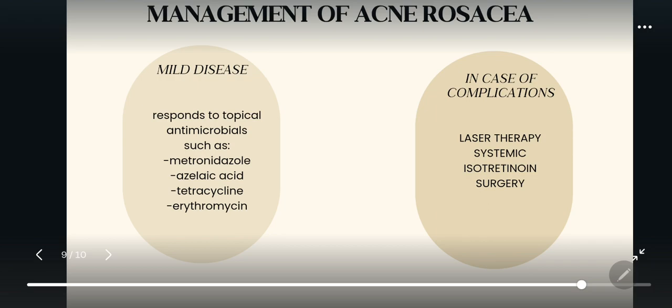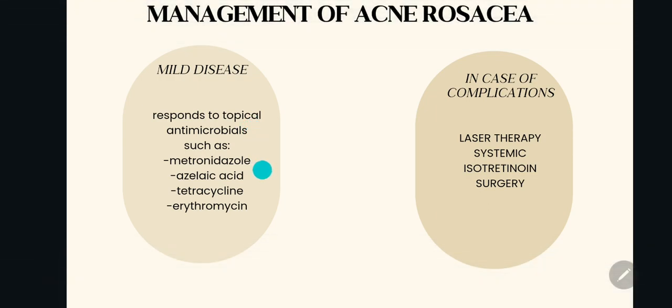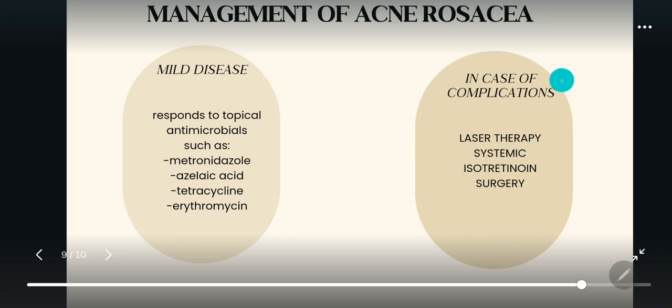In mild disease, you can use topical antimicrobials such as metronidazole, azelaic acid, tetracyclines, or erythromycin for 3 to 6 months. And relapse may require intermittent or chronic antibiotic use. Erythema and telangiectasia do not respond well to antibiotics, but laser therapy can be effective in case of complications.